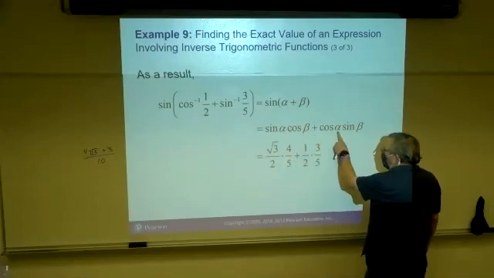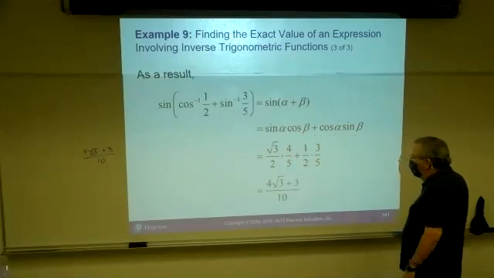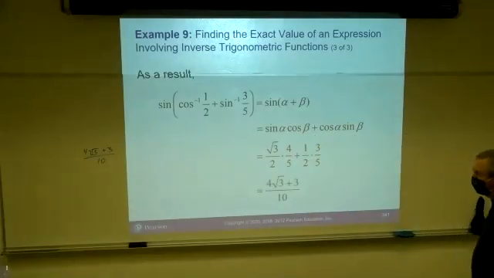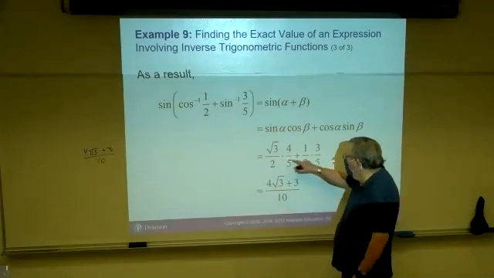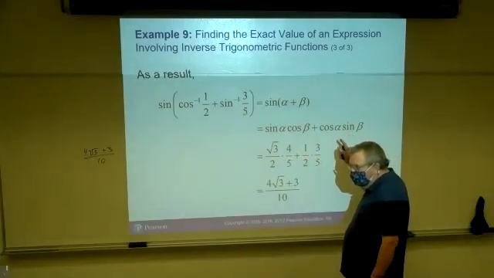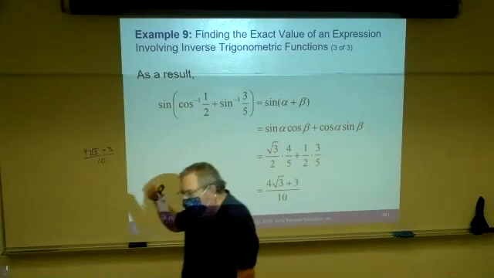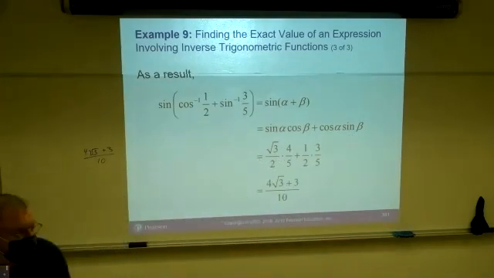We know what cosine of alpha is, and we know what the sine of beta is. And they did the same thing I did. They just went a different pathway. They found these numbers pretty much the same way I did by using the Pythagorean theorem, but they used the Pythagorean identities for the trig functions.